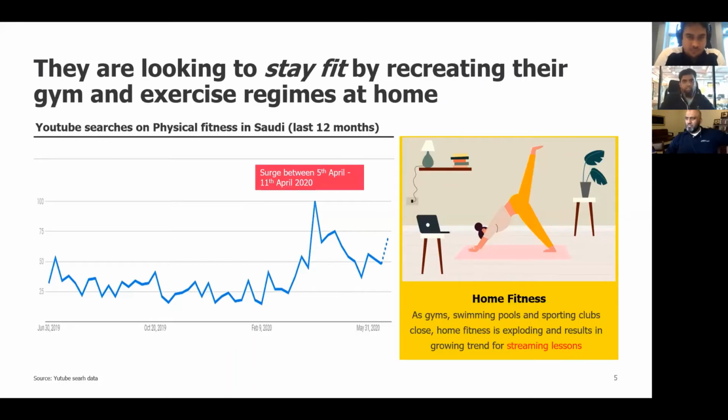But I think it will take another couple of months for things to go back to complete normalcy. The data does not have June or July, but as far as we are aware, there is still high traction on this category, mainly because people are still not comfortable going to the gym, and it's not completely as normal as it was in January and February earlier this year.